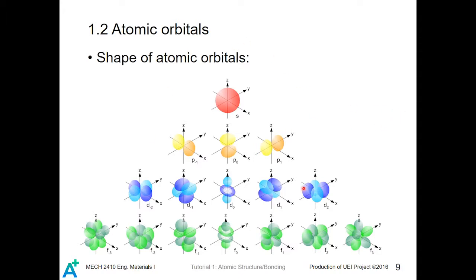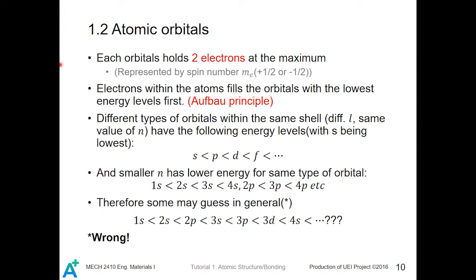And you need to remember that s, p, d, f is determined by the angular quantum number, which is 0, 1, 2, 3, and so on. Each orbital is designated by the method I mentioned before.